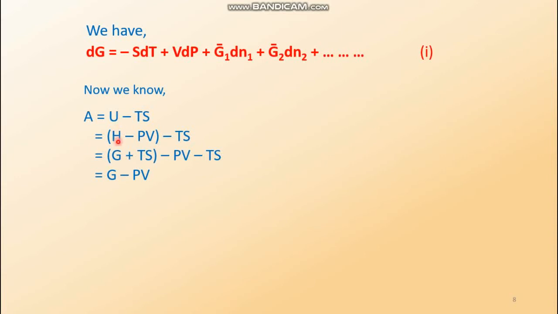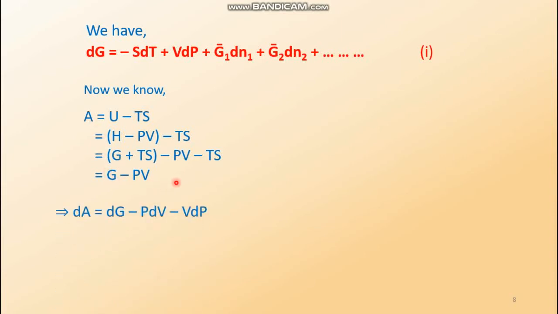The plus Ts and minus Ts cancel each other, then only the minus PV term remains along with G. So finally we have got the expression of A as G minus PV.